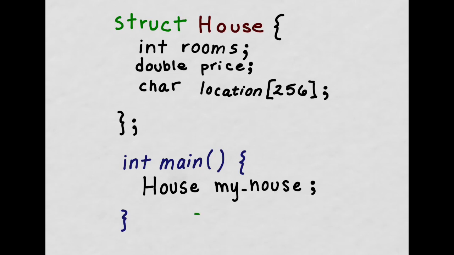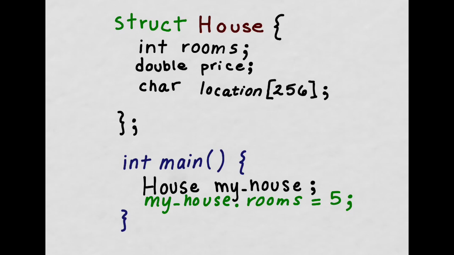We can say my house dot rooms equals 5 with a semicolon. So now my house is associated with 5 rooms.